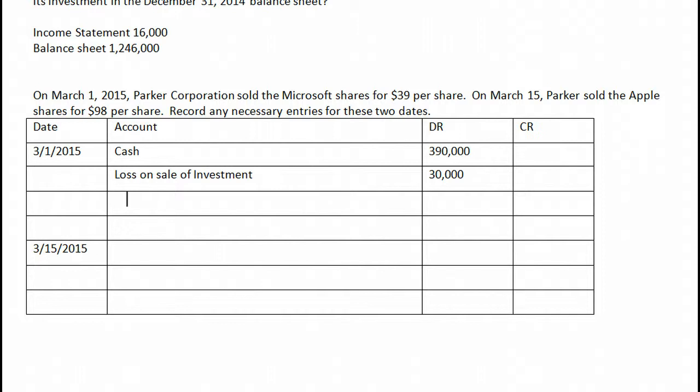Then we must remove the original asset. To do that, we would credit the investment in Microsoft stock for $420,000.